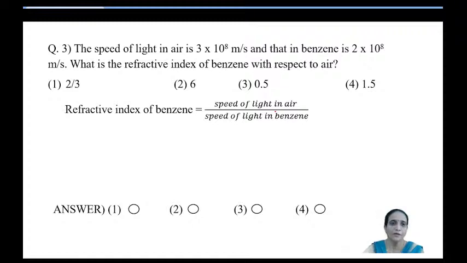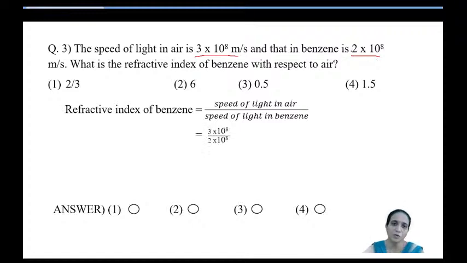Over here, the refractive index of benzene is equal to the speed of light in air upon the speed of light in benzene. We know the speed of light in air, which is given to us as 3 into 10 raised to 8 meter per second, and the speed of light in benzene is 2 into 10 raised to 8 meter per second.